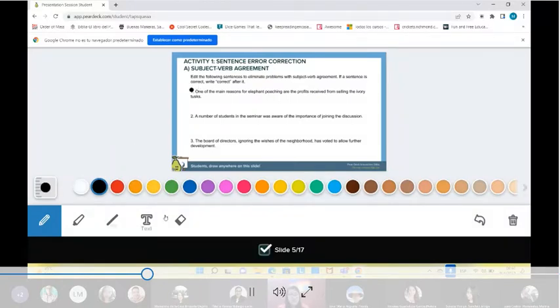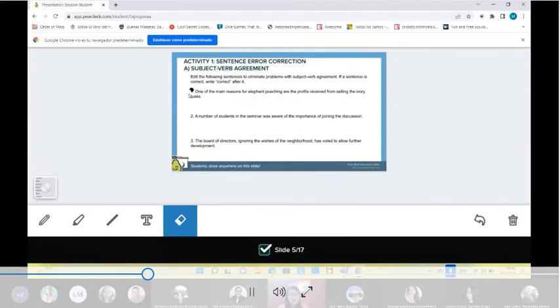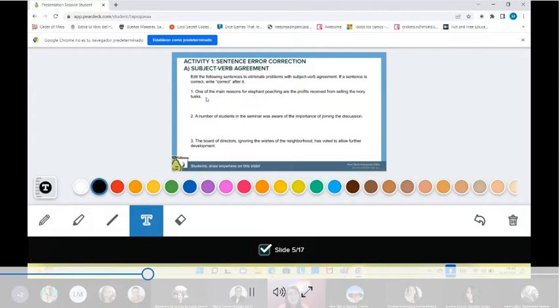Just give me a second because I was using this. Okay, so you can use the text. You can just write the word that can help us reach the subject-verb agreement that we need in this sentence. And you just type if one of those sentences is correct or not.